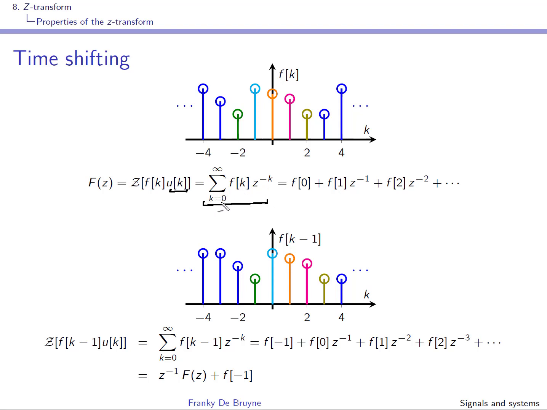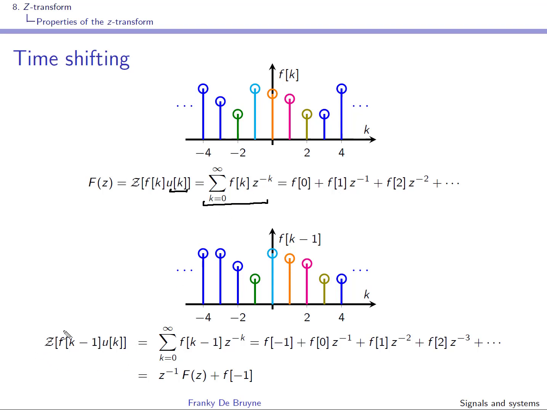If you write it down, the term corresponding to k equal to 0 is f0. The one that corresponds to 1 is f1 z^(-1). The next one is f2 z^(-2), and so on. So if we shift this signal by 1 to the right, this is what you obtain, and you can see things visually, right? What you have now here at the index k equal to 0 is what you had here at the index k minus 1.